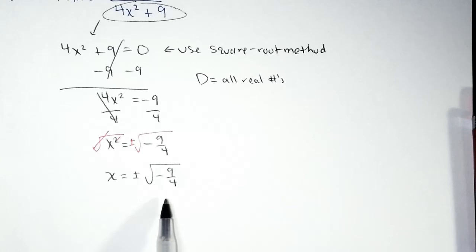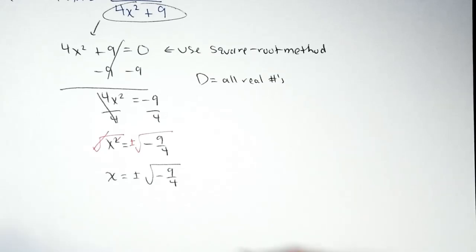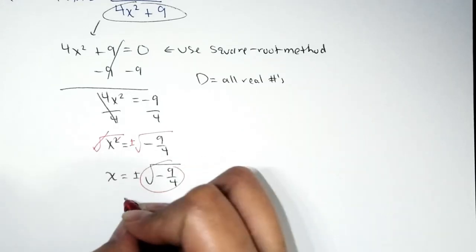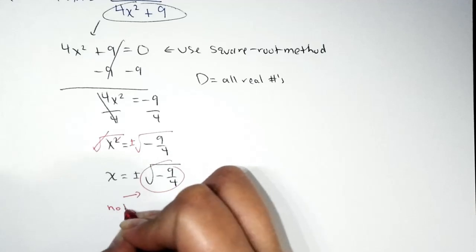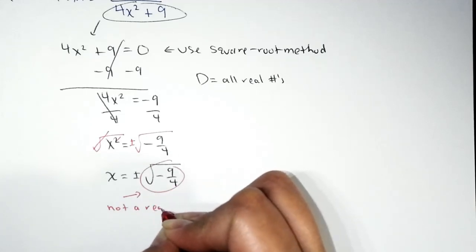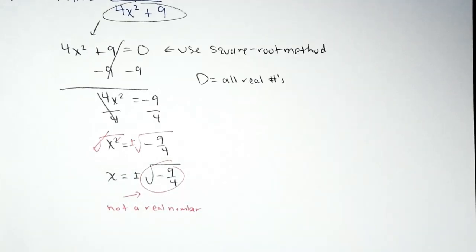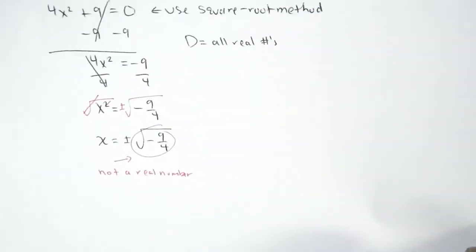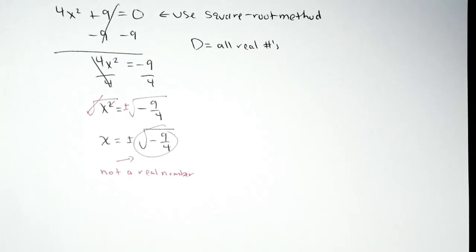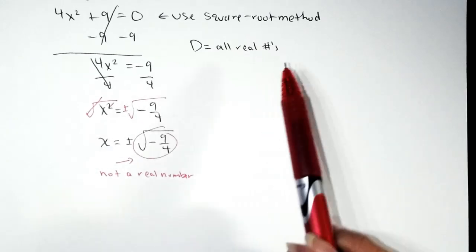We have not discussed how to simplify the square root of negative 9/4, but what I want to point out is that the square root of a negative number is not a real number. The square root of negative 9/4 simplifies to a non-real number. So what is the domain?